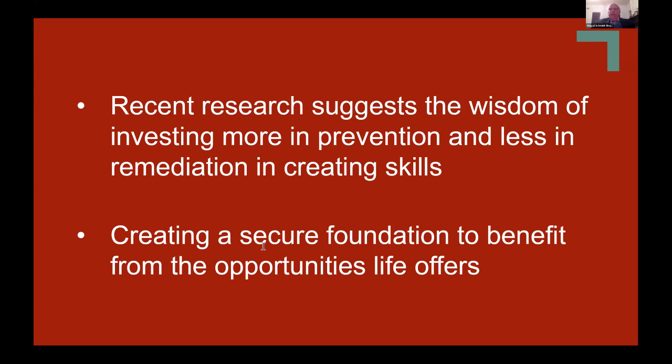And the notion is to try to build a skill base in a child early on so that the child can succeed in a whole series of tasks throughout the rest of his life. And so those children who are motivated when they enter elementary school or kindergarten will actually be the ones who succeed the most. Those are the ones that can take advantage of what life is offering them.